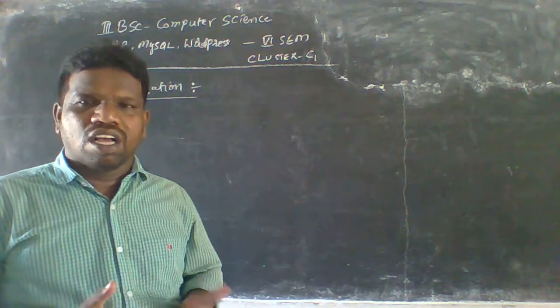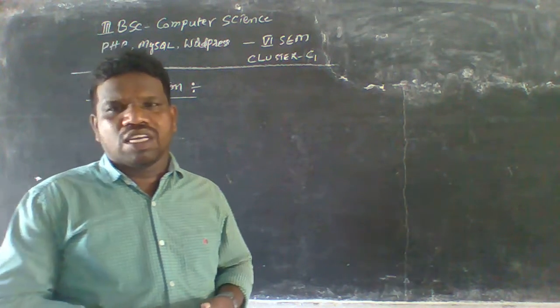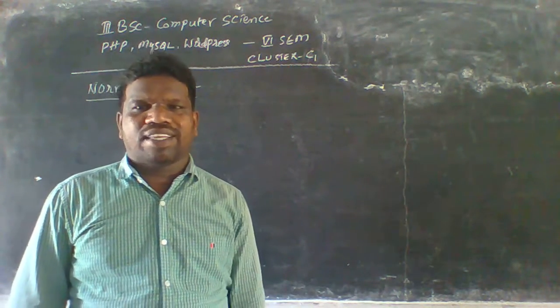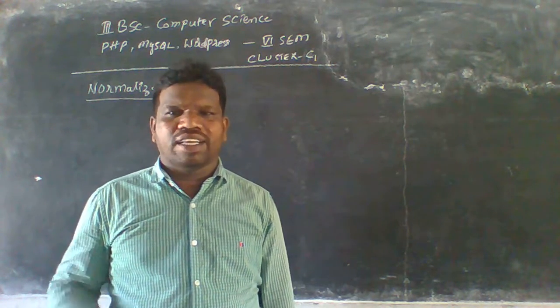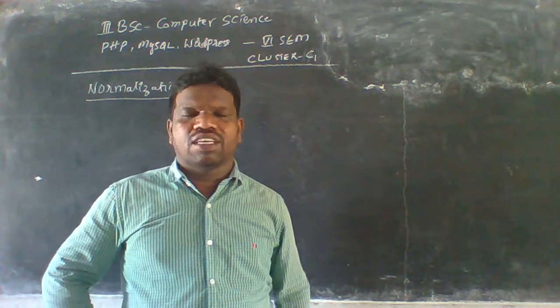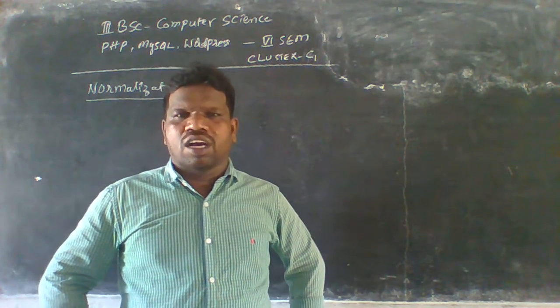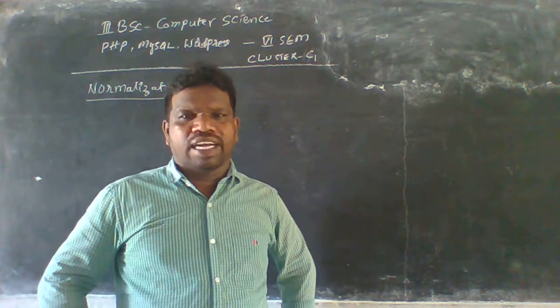So normalization is used to reduce redundancy. Redundancy is the repetition of data, simply the duplication of the data. The main purpose of normalization is used in MySQL, and it is also available in the database management system.